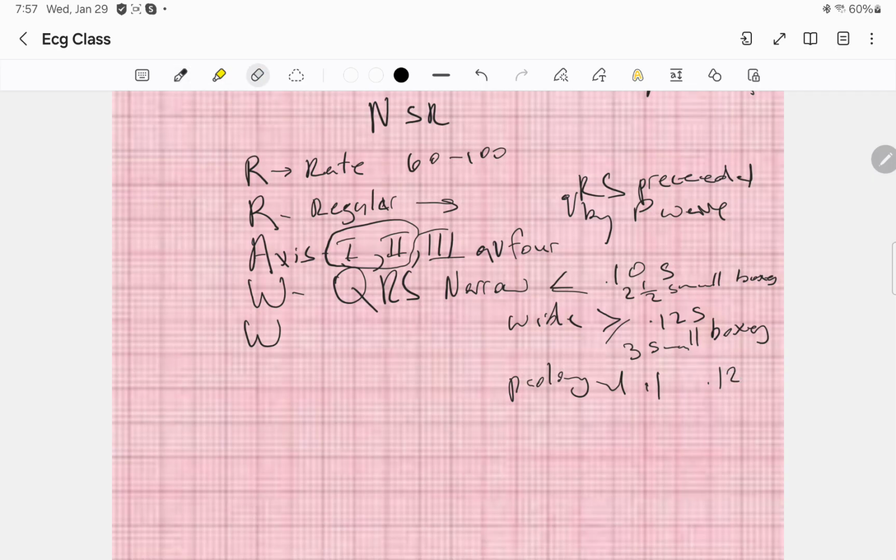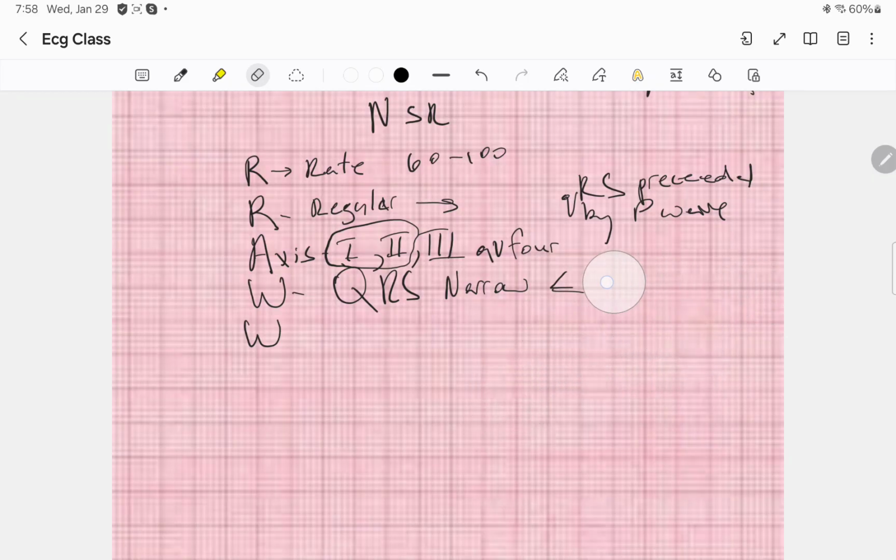So essentially it's normal if it's less than 0.1, but for different reasons it can be slightly prolonged but not referred to as wide. So for simplification, in sinus rhythm it's typically less than 0.12, which is the same as 3 small boxes.